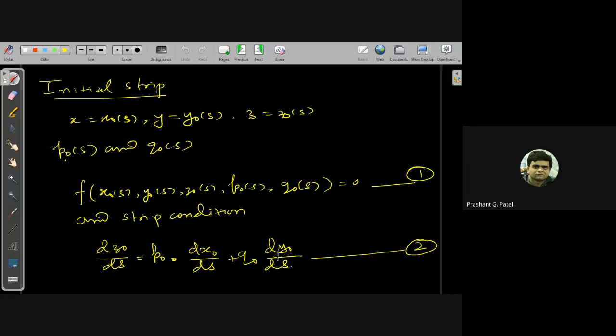Hence there can be more than one integral surface passing through a given initial curve, because there are many solutions that satisfy both equations 1 and 2. That's why different kinds of integral surfaces are also possible.